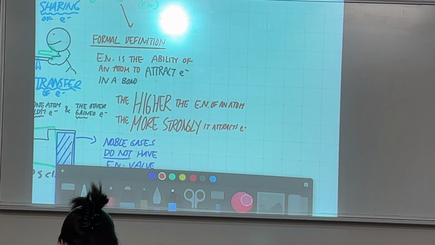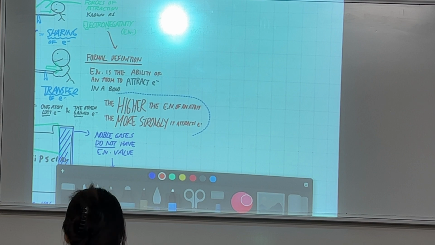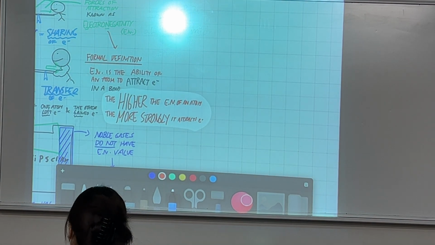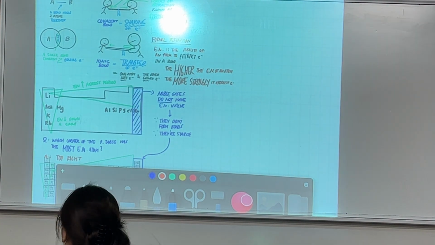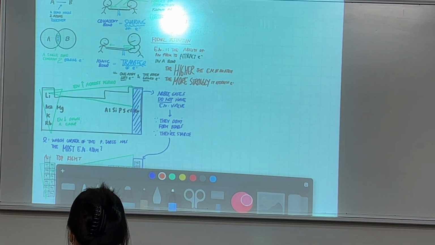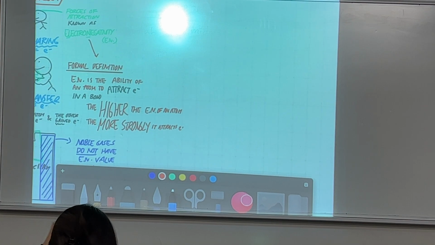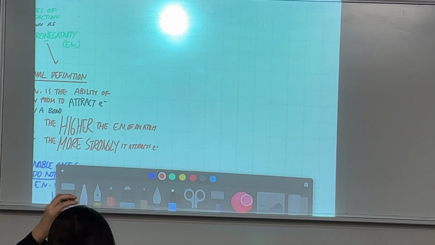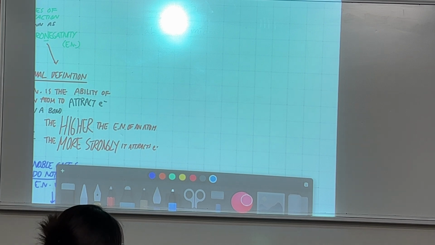Which brings us to the difference between ionic and covalent bond. Do you remember how we define ionic and covalent bond in Form 4? How do you know if two atoms form covalent bond or two atoms will form ionic bond? Yes, and let me tell you that this definition has some flaws in itself.